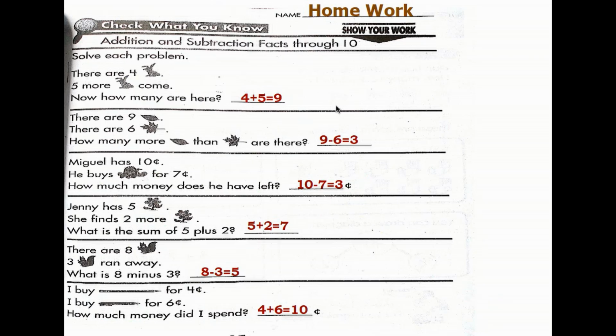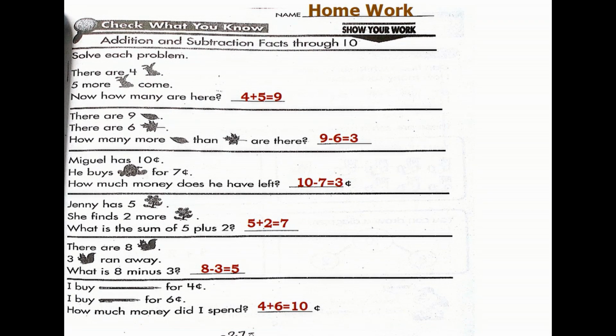We said that last time. Here also I have given you one homework on page 27, right? Page 27, I have given you this word problem. The first one says there are 4 rabbits. 5 more rabbits come. How many are here in total? So is this an addition or subtraction problem? Tell the answer to your parents.